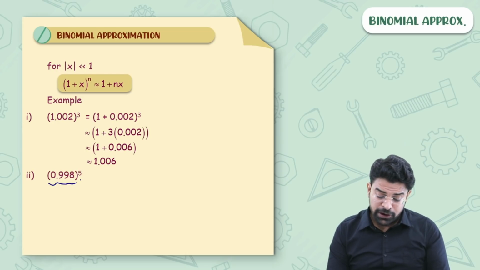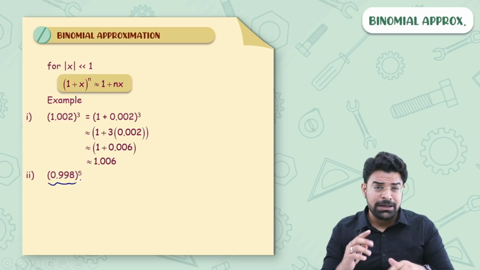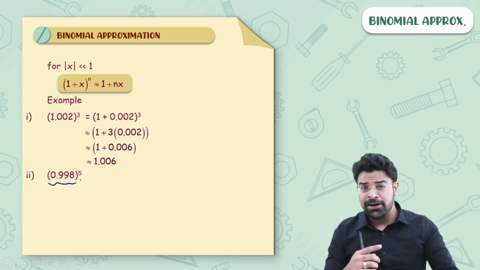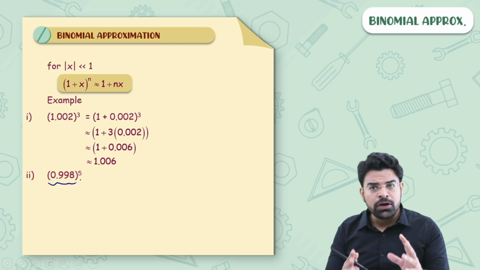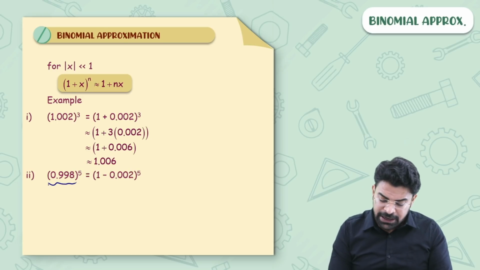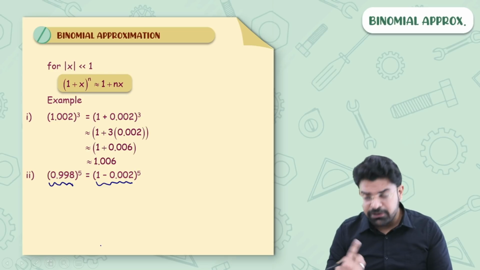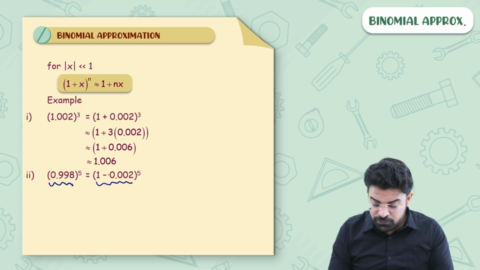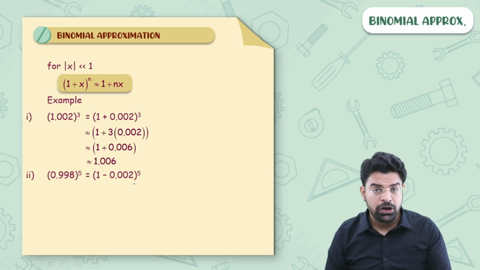Next example. If you need to find 0.998 raised to power of 5, I am very sure you are not going to multiply the same number 5 times, 0.998 into 0.998 into 0.998 and so on. So what we are going to do here, we are going to use binomial approximation. We can write 0.998 as 1 minus 0.002. Then we can use the binomial approximation. For the magnitude of x less than 1, you can use the binomial approximation.